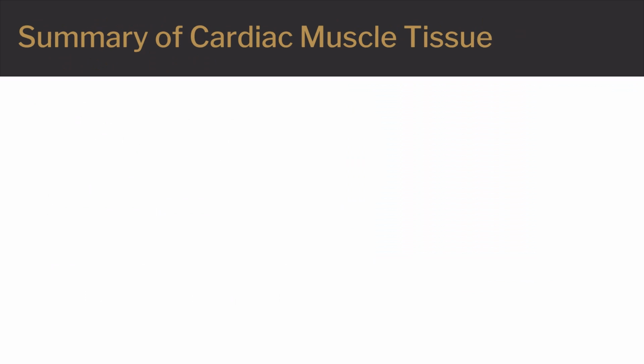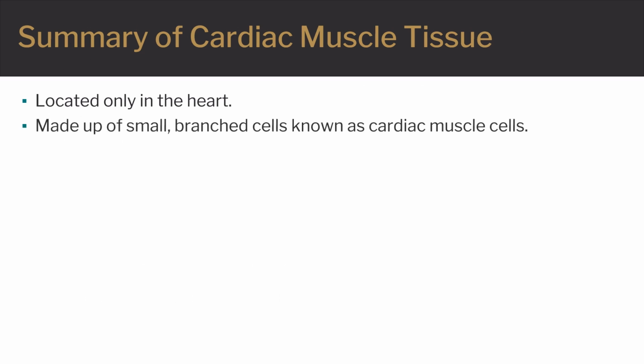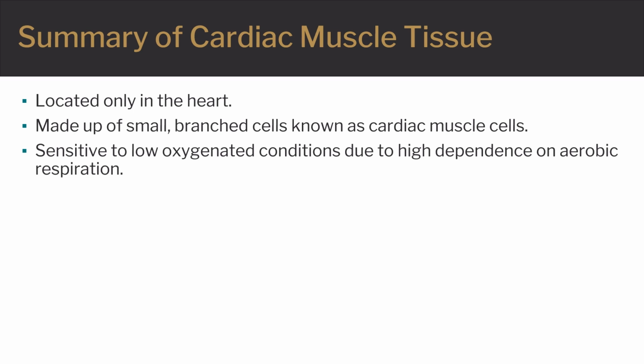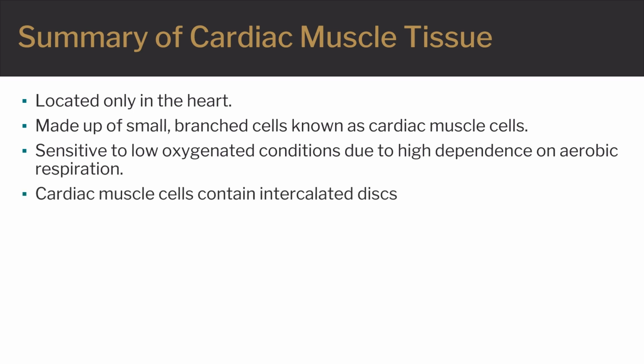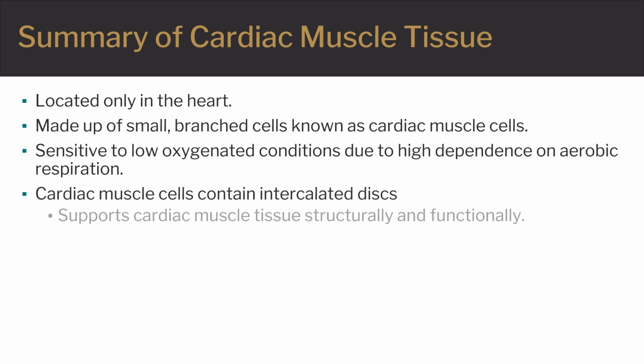In summary, cardiac muscle tissue is located only in the heart, is made up of small, branch cells known as cardiac muscle cells, and is sensitive to low oxygenated conditions due to high dependence on aerobic respiration. Cardiac muscle cells contain intercalated discs that support cardiac muscle tissue both structurally and functionally.